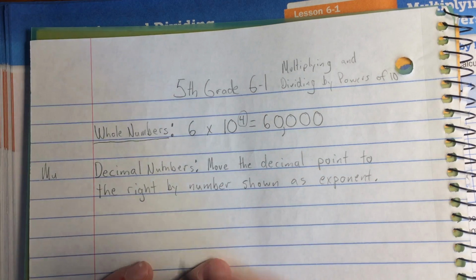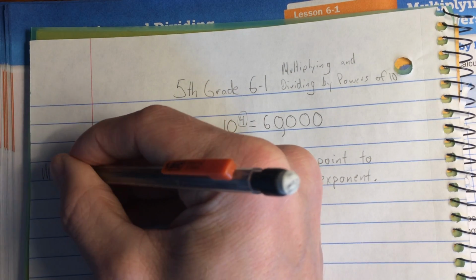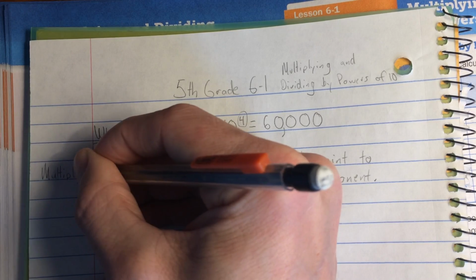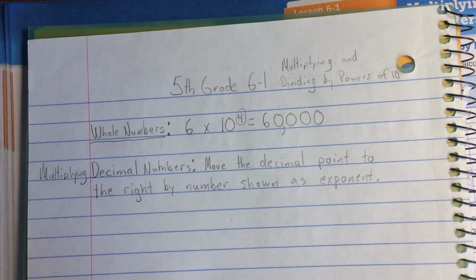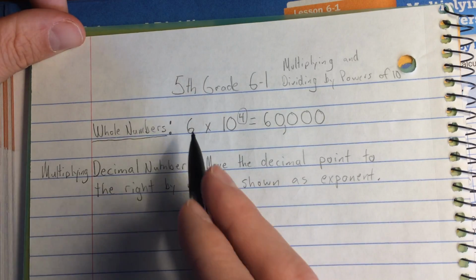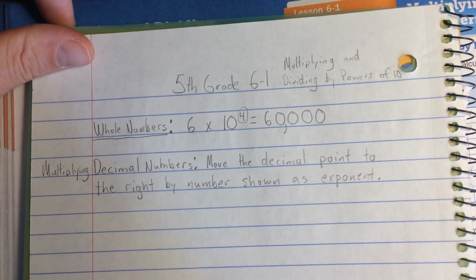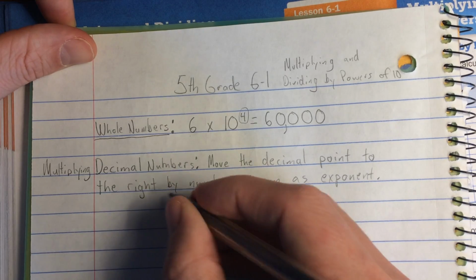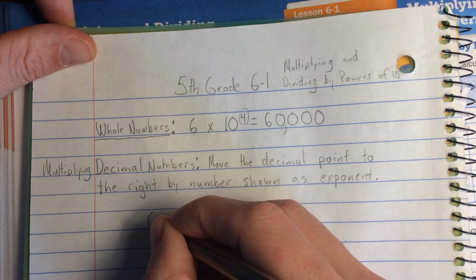I'm going to clarify that this is multiplying first. So if you're shaking your head and you're like, I have no idea what that means, what are you talking about? Then the best thing we can do is get right down to it. So instead of using a whole number, like 6, let's turn 6 into a decimal. Let's call him 6.2.